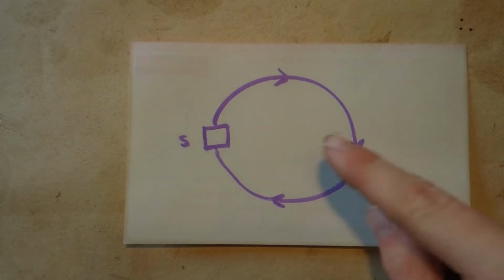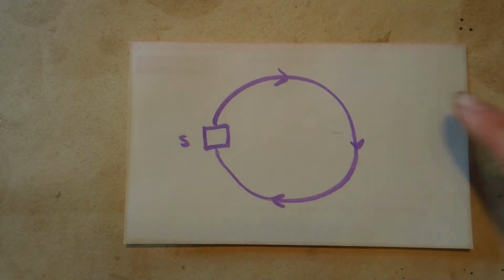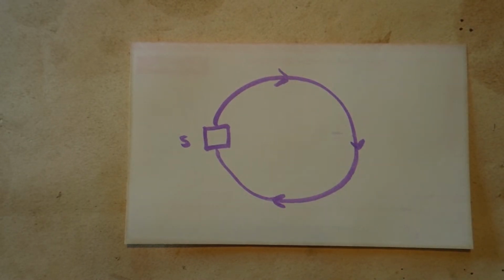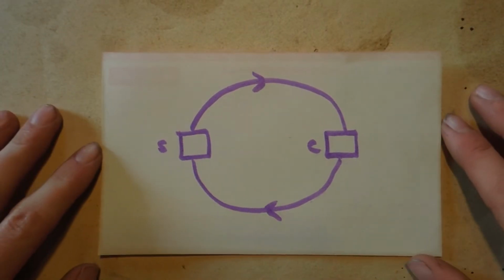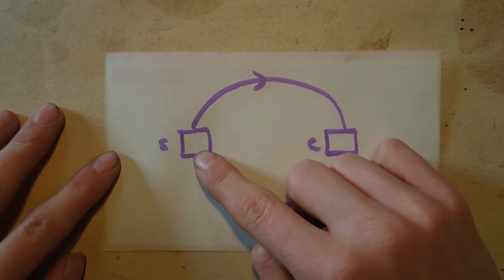Electricity flows in a constant loop, going round and round for eternity, theoretically. But what happens when you insert a component into that flow is that the component uses the energy of the source.